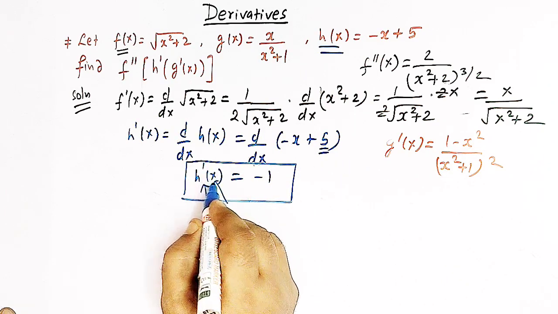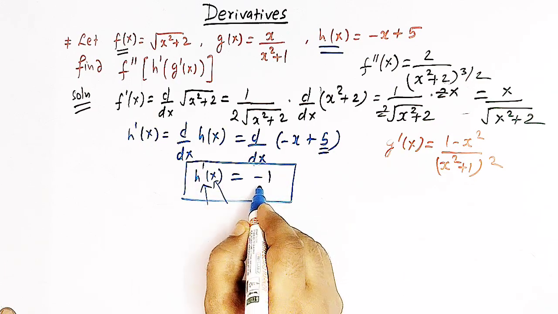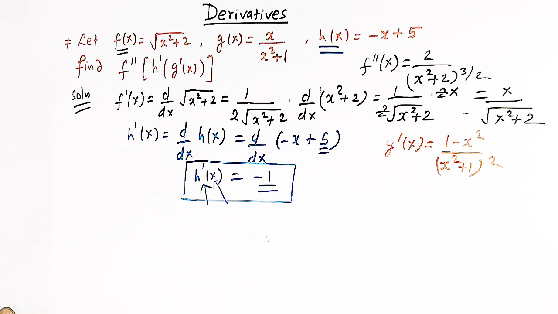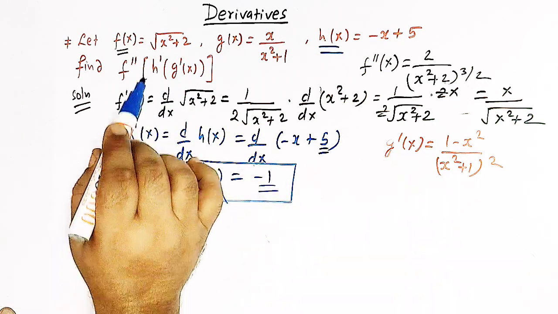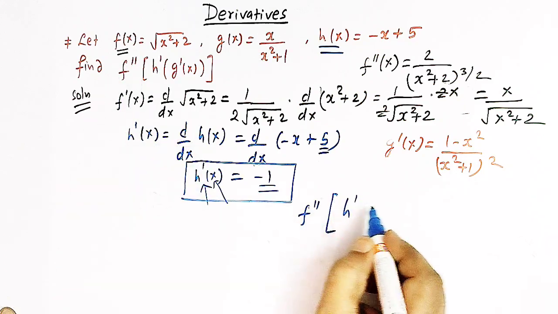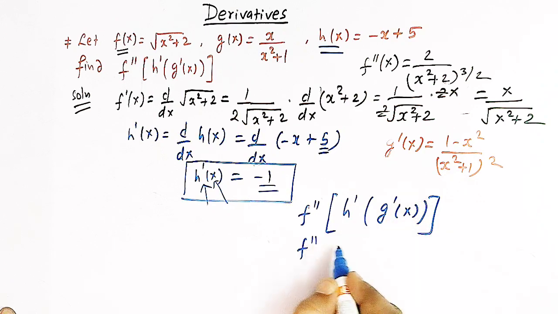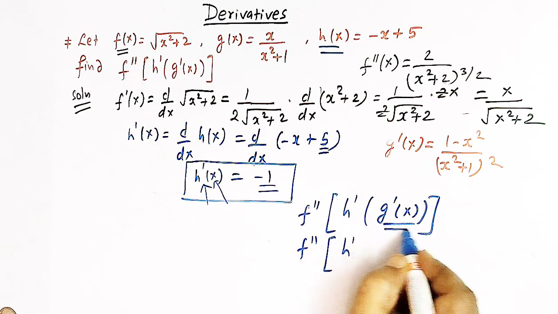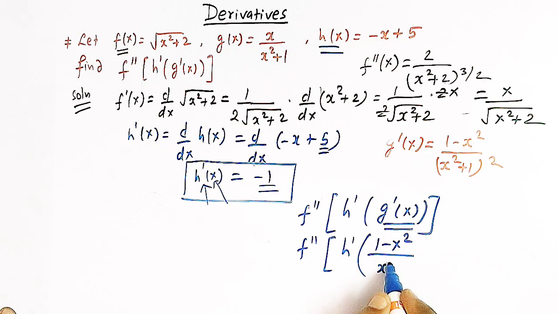So whatever be the value of x in the given domain, h prime of x is always equal to minus 1, and this is the important thing in this problem, because we have to find f double prime of h prime of g prime of x. So now if we substitute here g prime of x, then we have 1 minus x square over x square plus 1 whole square.